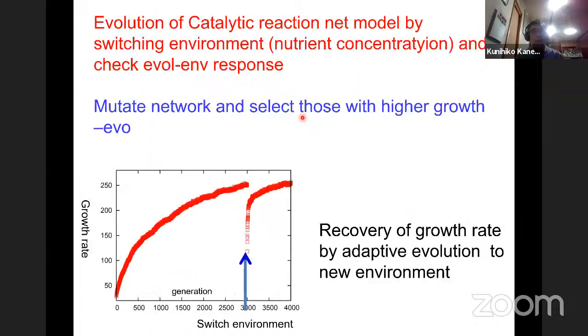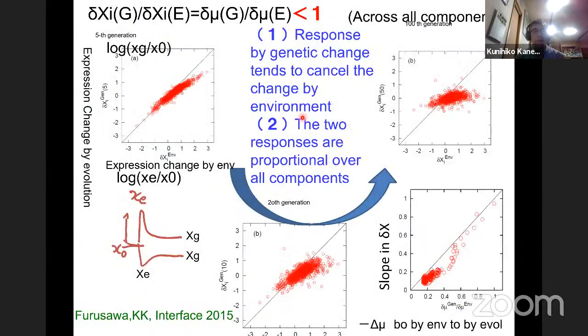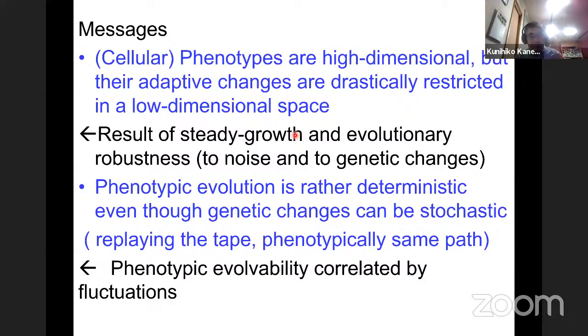So that means phenotypic evolution is rather deterministic, even though genetic changes can be rather random or stochastic. That's also a result of this kind of low dimensional reduction.